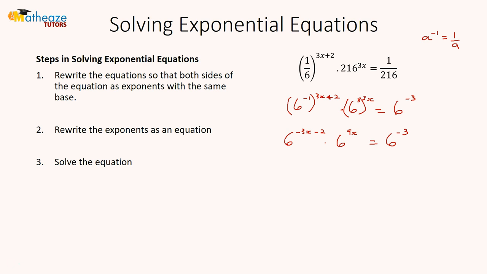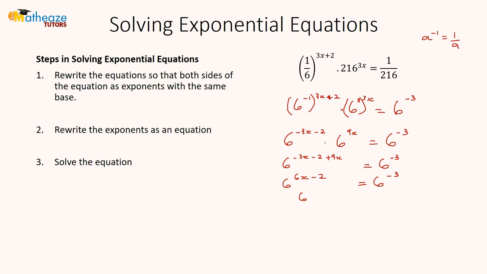So let's simplify this. It's going to be 6 to the power of negative 3x minus 2 plus 9x equal to 6 to the power of negative 3. Let's simplify the exponent here. We have 6 to the power of 6x minus 2 equal to 6 to the power of negative 3.